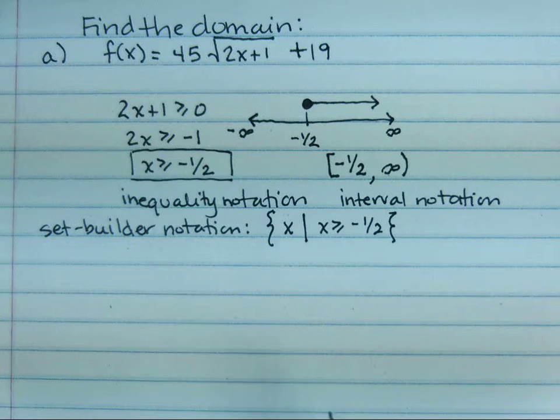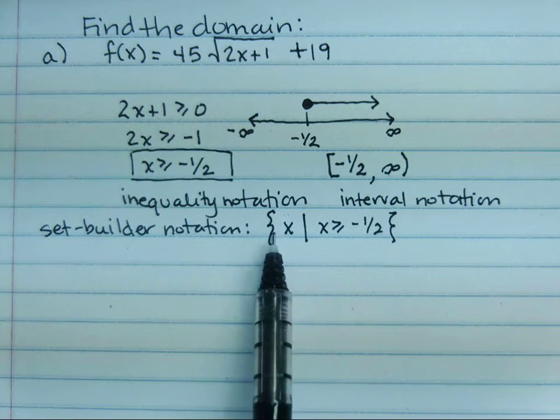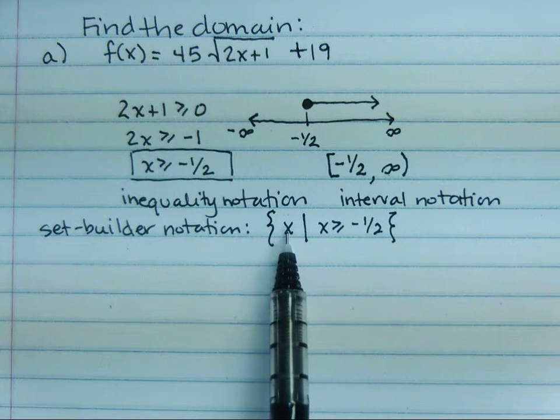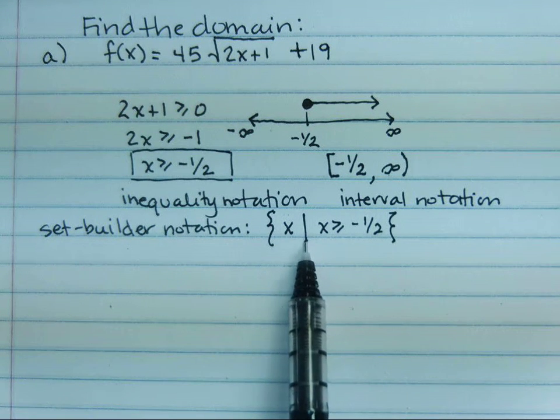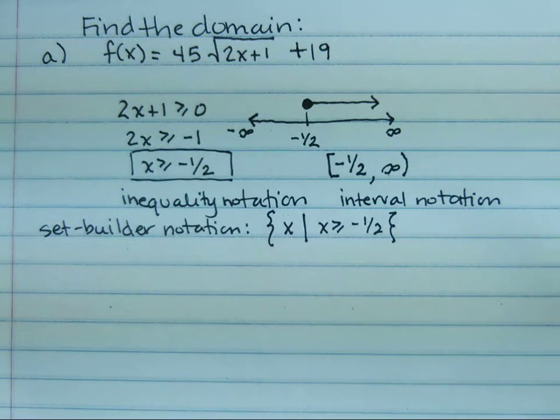So set builder notation uses the inequality notation, but with these set brackets. And this little extra line says all the values for the variable I'm using such that this is a true statement. So these are three different types of notations you can use to talk about your domain. And we're going to talk about all three of those multiple times.